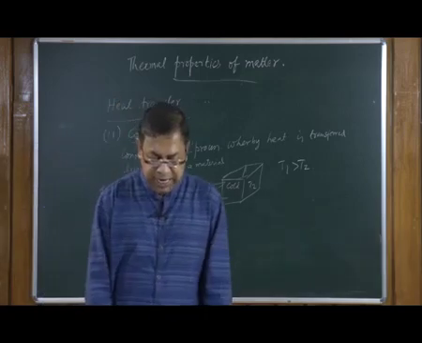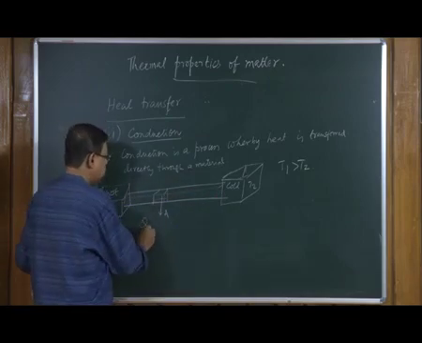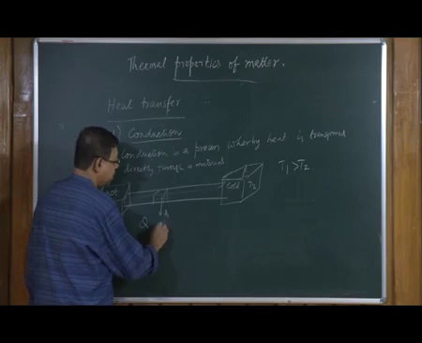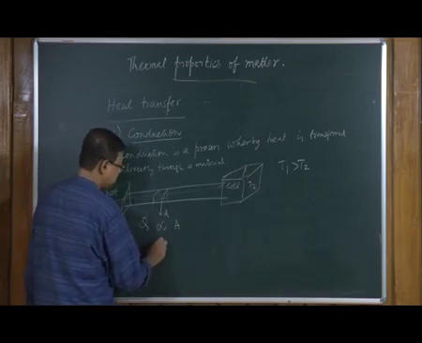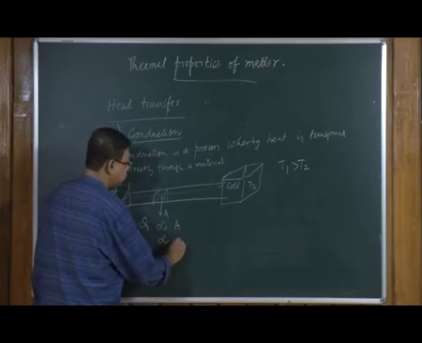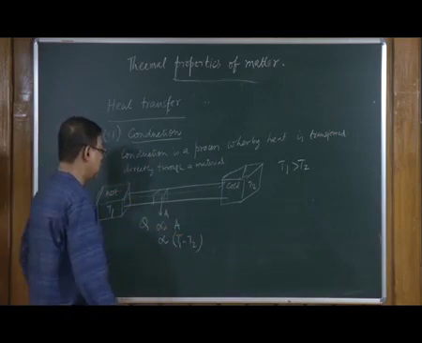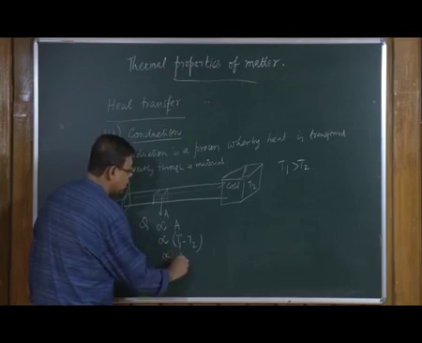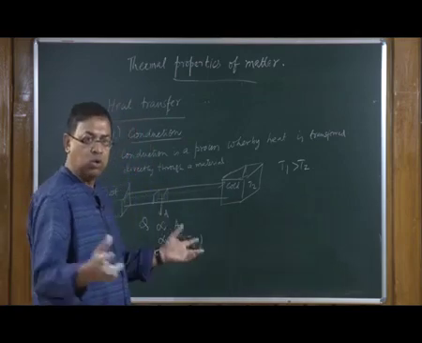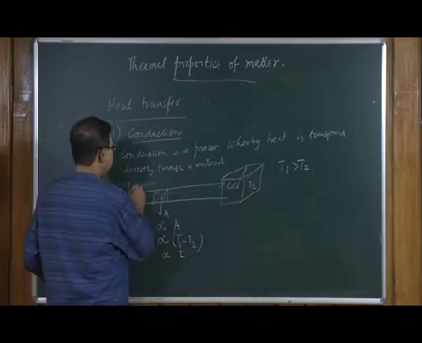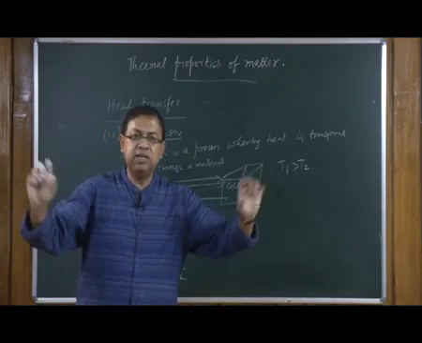So, the heat that flows from the hot body to the cold body, heat Q, is proportional to the area of cross section, it is proportional to the temperature difference between the two ends of the rod, and it is also proportional to the time for which the process takes place, that is, they are allowed to be in touch, and it is inversely proportional to the length of the connecting medium.